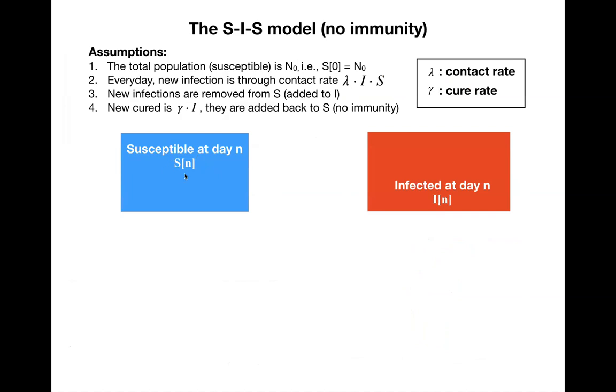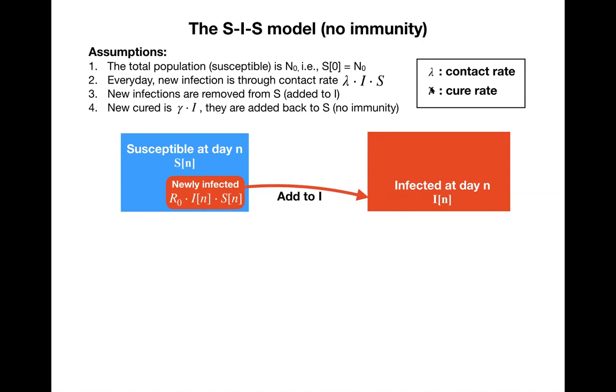Because of contact, lambda times, oops, this should be lambda times I times S. That's the newly infected population, and that population gets added to the total infection. On that same day, because we have medical treatment, people get cured.